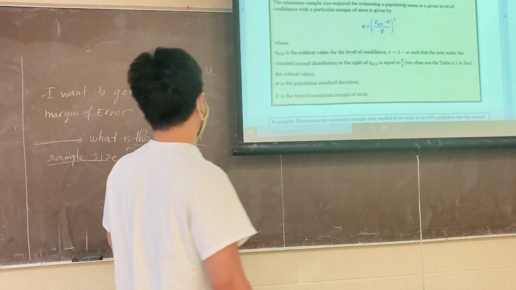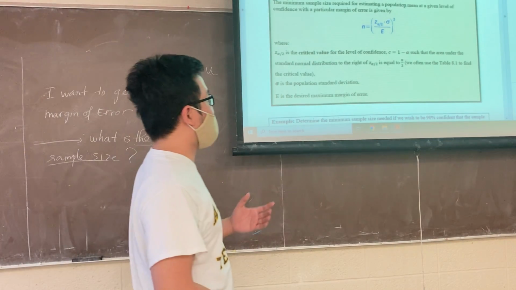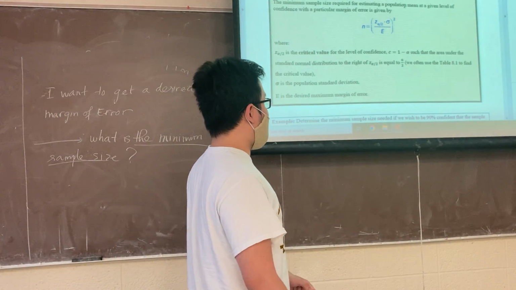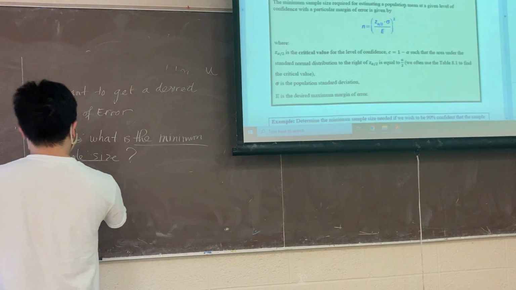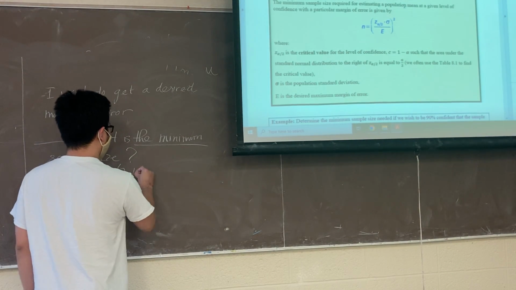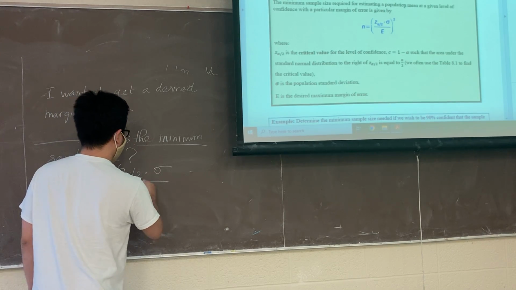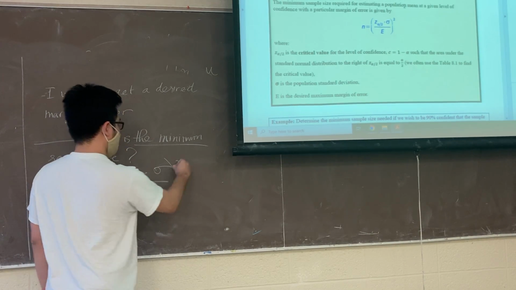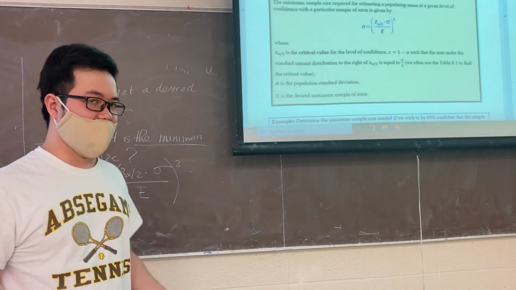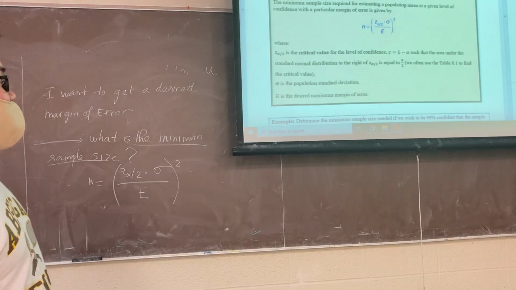The minimum n will be calculated by this formula. n is equal to (Z alpha over 2 times sigma over E) squared. That is the formula to estimate the minimum sample size.